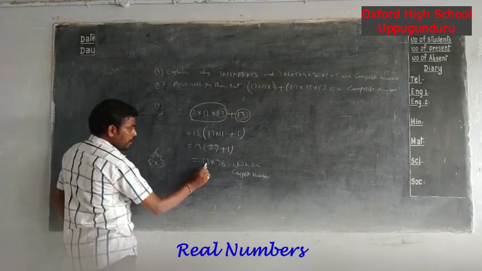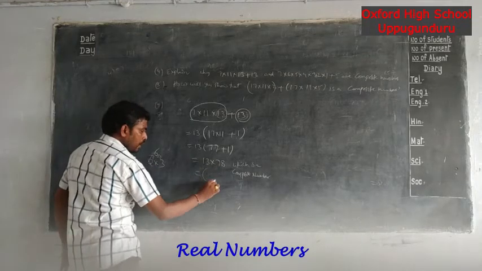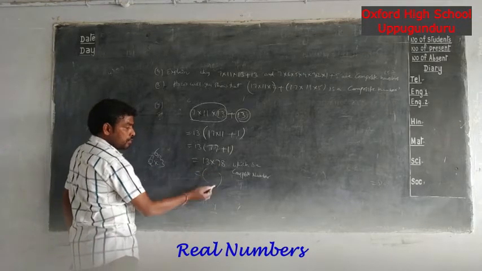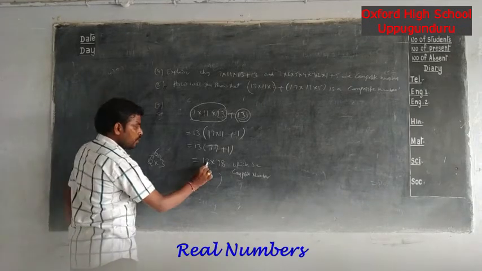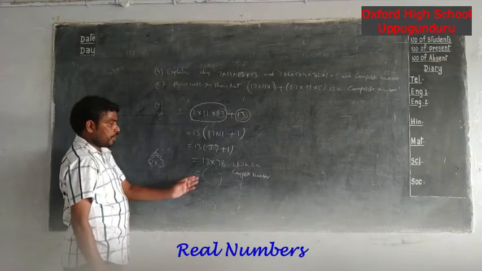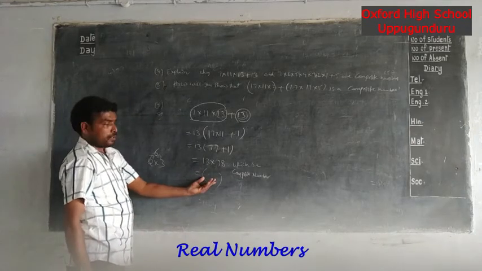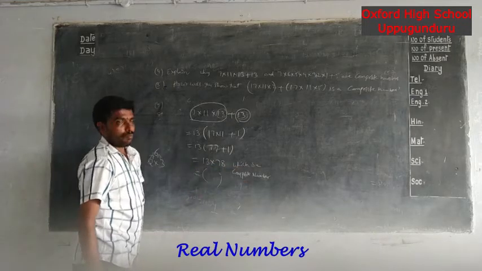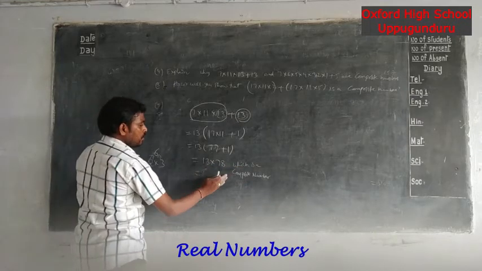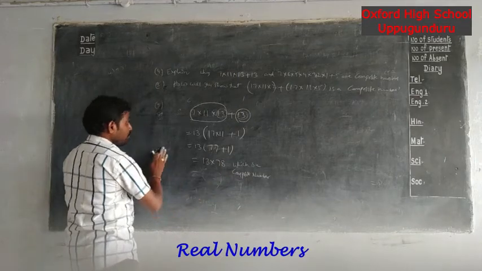In the same way, when you multiply these two, you will get some value. For that value, these two are factors, 1 is also a factor. So we can say this number has more than 3 factors. Therefore, simply you can write which is a composite number. Directly here also we can write which is a composite number.